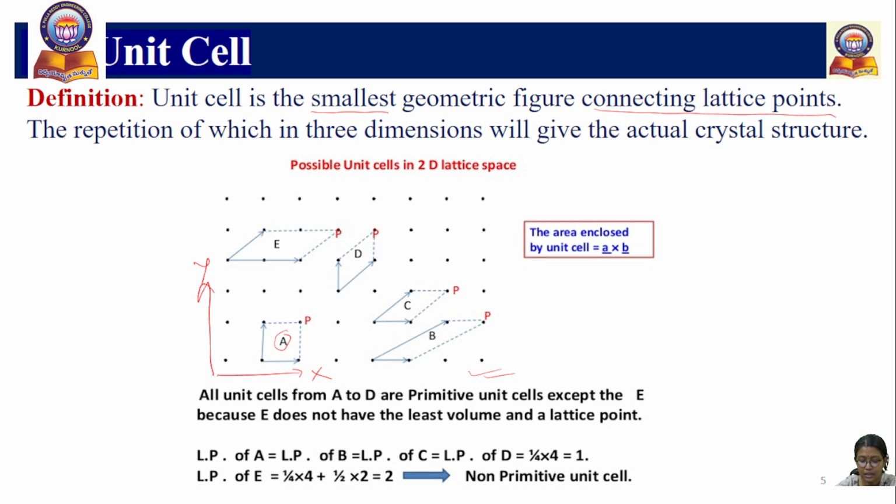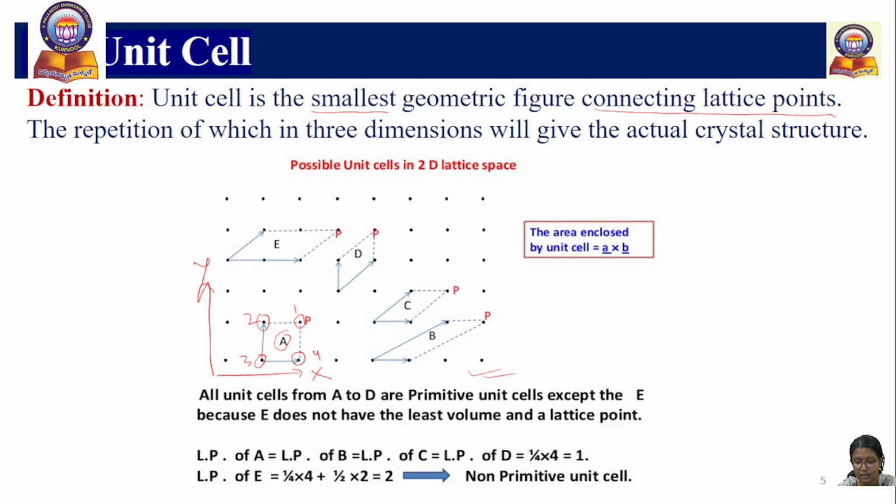So anyhow, how did we get this A unit cell? We have connected 4 lattice points. So A is touching 4 lattice points. Are these all single? If I take this lattice point, suppose 1, this is 2, this is 3, this is 4, right? Now if you see this lattice point 1 of unit cell A, is it completely inside A?